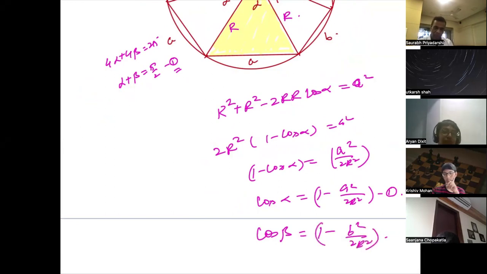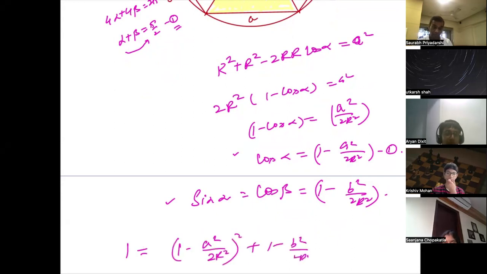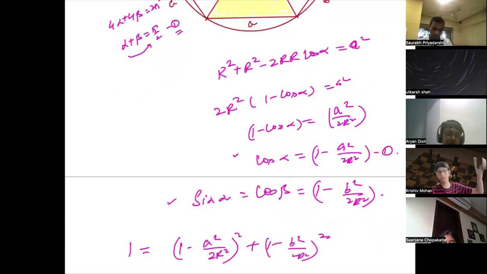And we know that sine square alpha plus cos square alpha is 1. So 1 minus A square by 2R square, whole squared, plus 1 minus B square by 2R square, whole squared, equals 1. From this you'll get R. This is the first method, right?